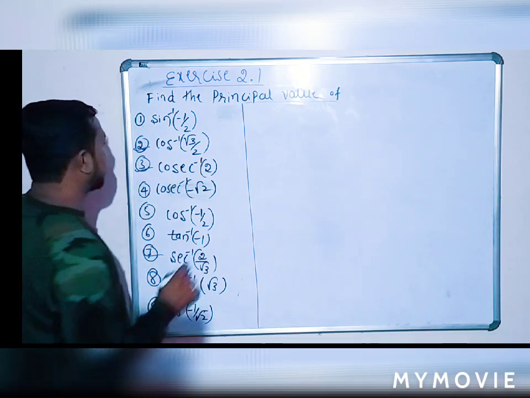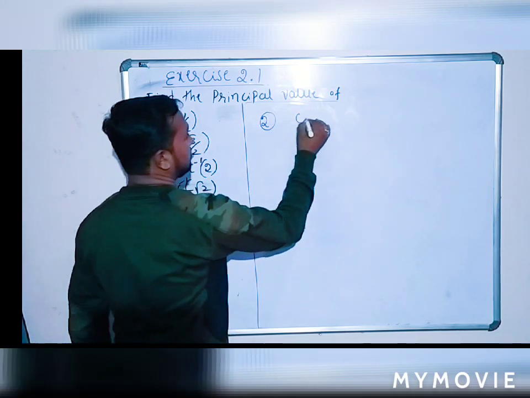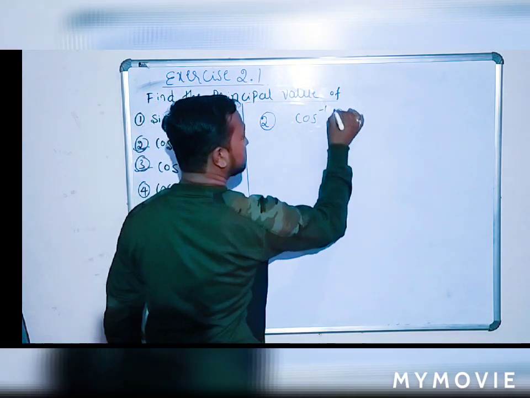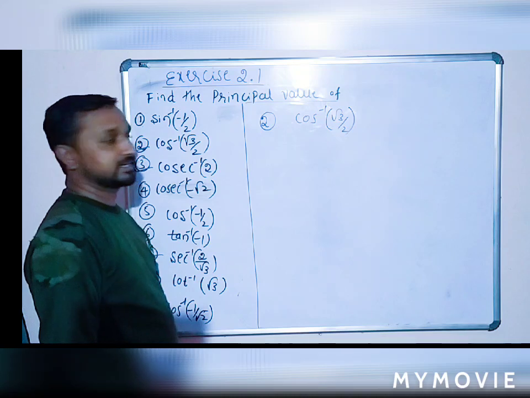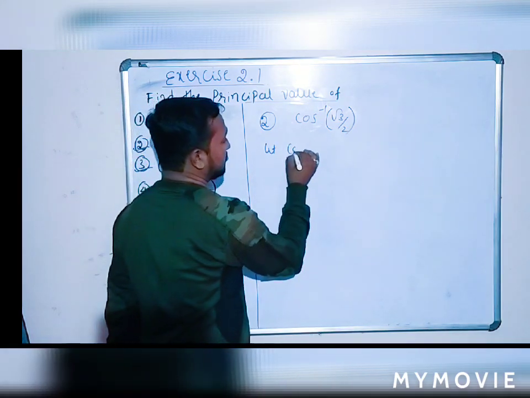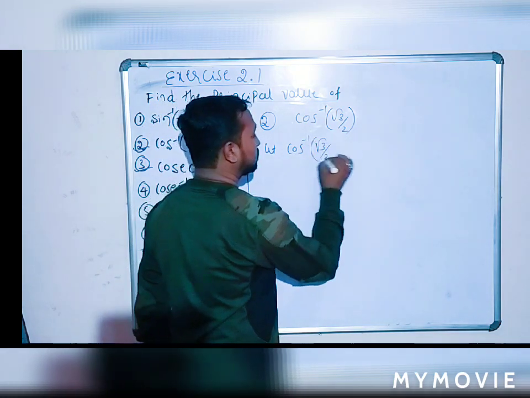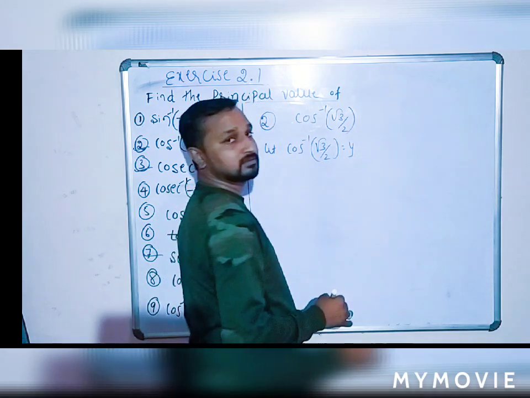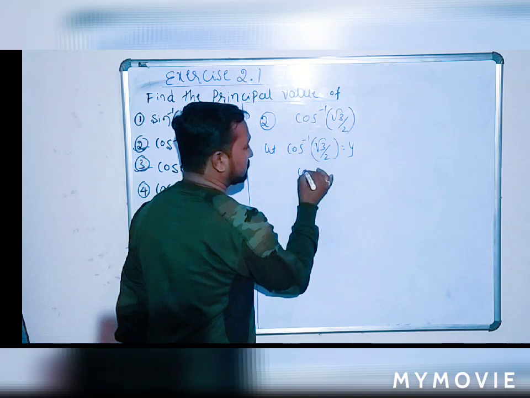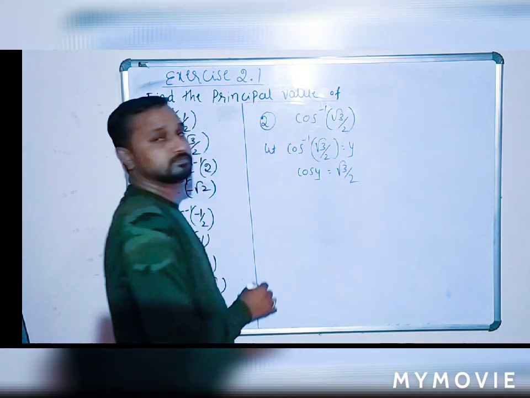I can solve the second one. Example: cos inverse of root 3 divided by 2. That is a positive angle. Let us consider, as usual, cos inverse of root 3 divided by 2 is equal to y, so cos y is equal to root 3 divided by 2.